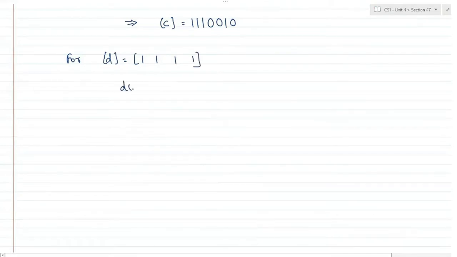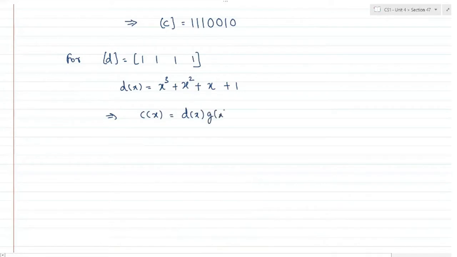Then d of x is x cubed plus x squared plus x plus 1.